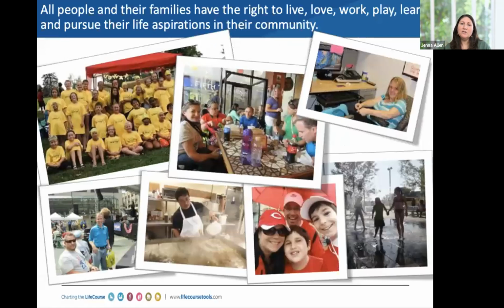So just a couple of words about the Charting LifeCourse Framework before we dive straight into the integrated support star. Charting the LifeCourse is really about the core belief that all people and their families have the right to live, love, work, play, learn, and pursue their life aspirations in the community, just as everybody else does.